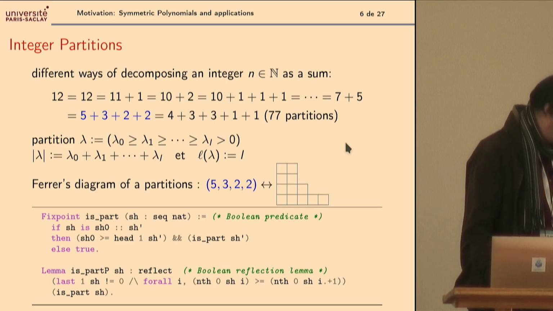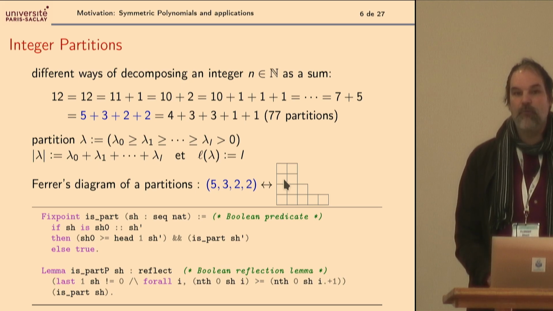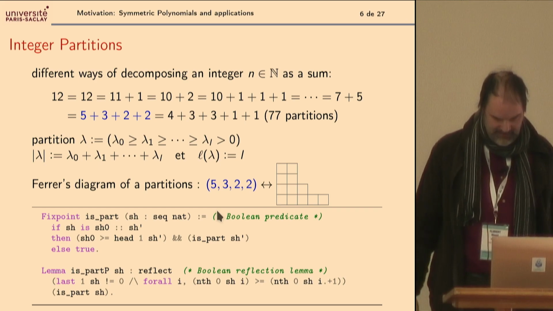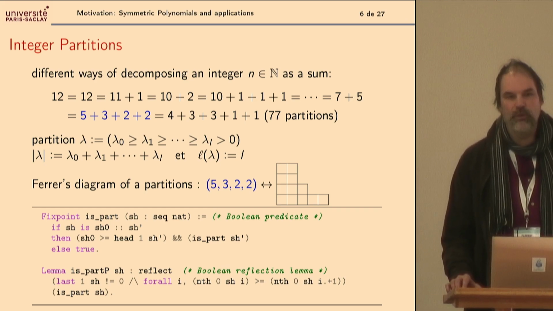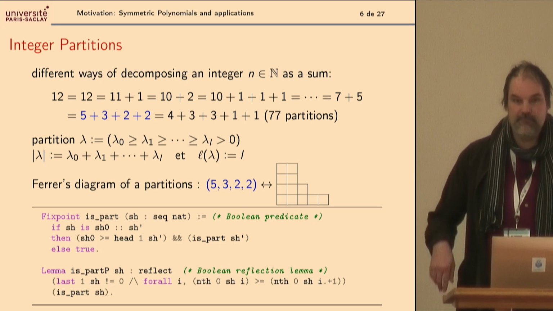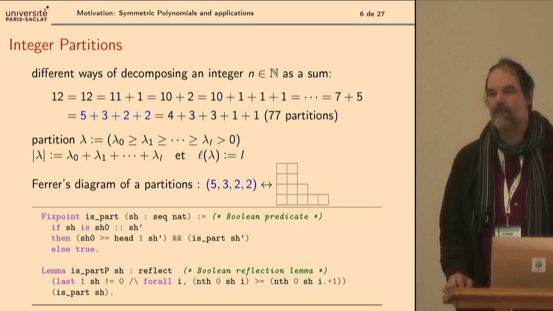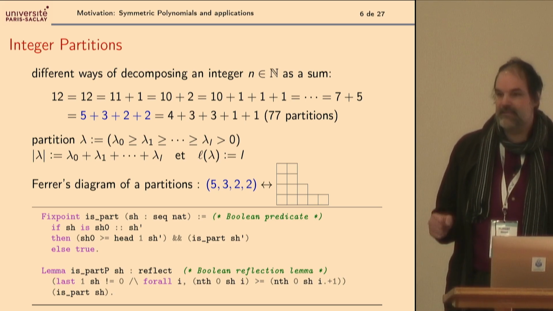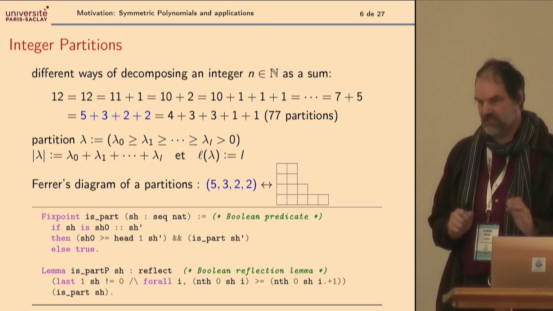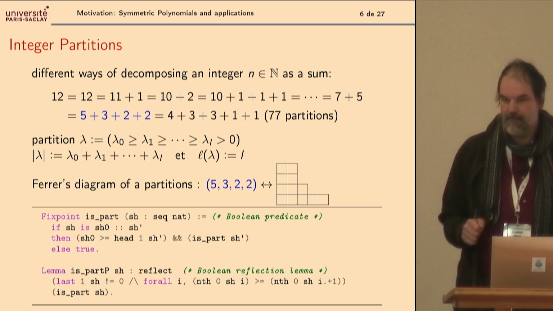Okay, let's talk a little bit about formalization. I want to formalize this notion, and I'm following the idea of small-scale reflection. I will comment about that later, which means that when I'm giving a combinatorial definition, when I can do that, I'm giving a predicate which computes the definition, which answers true or false.